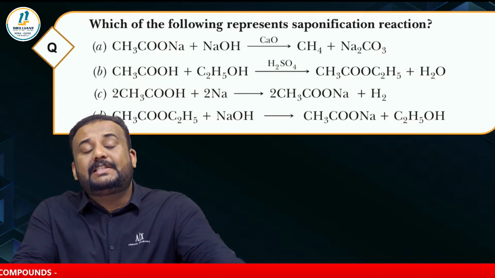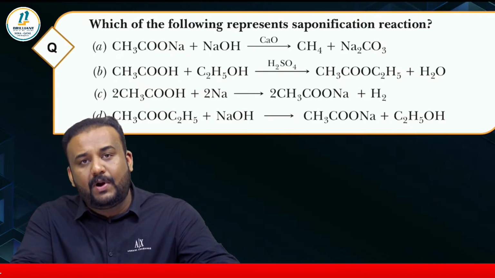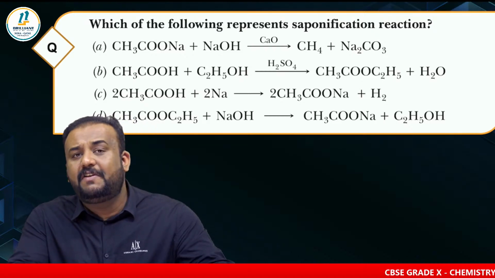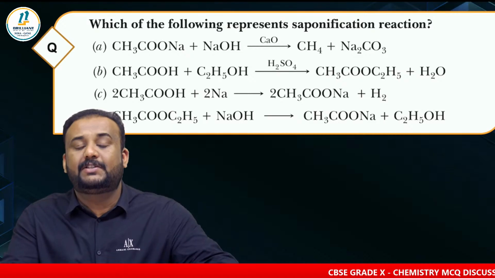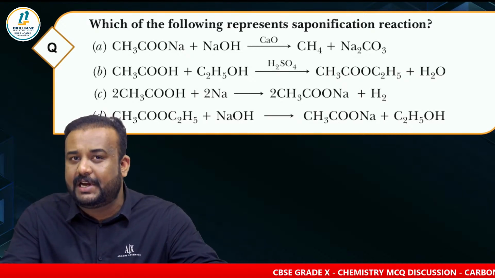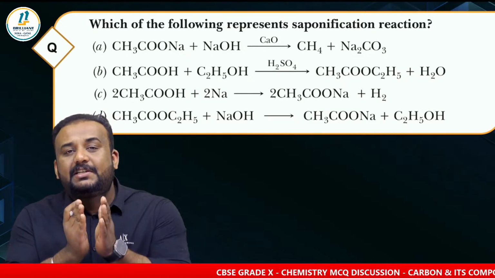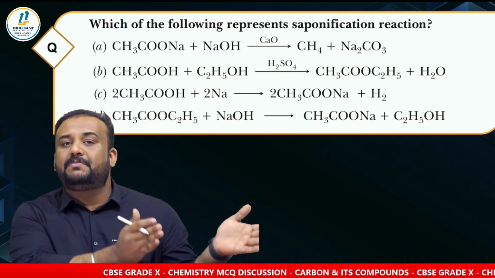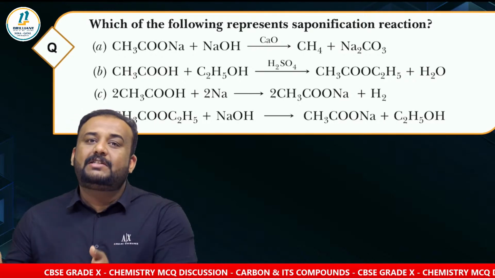And these esters can be broken down again by using acid catalyst or alkali. Especially when we use an alkali like sodium hydroxide or potassium hydroxide, the ester breaks down into the corresponding sodium or potassium salt of carboxylic acid plus the alcohol.